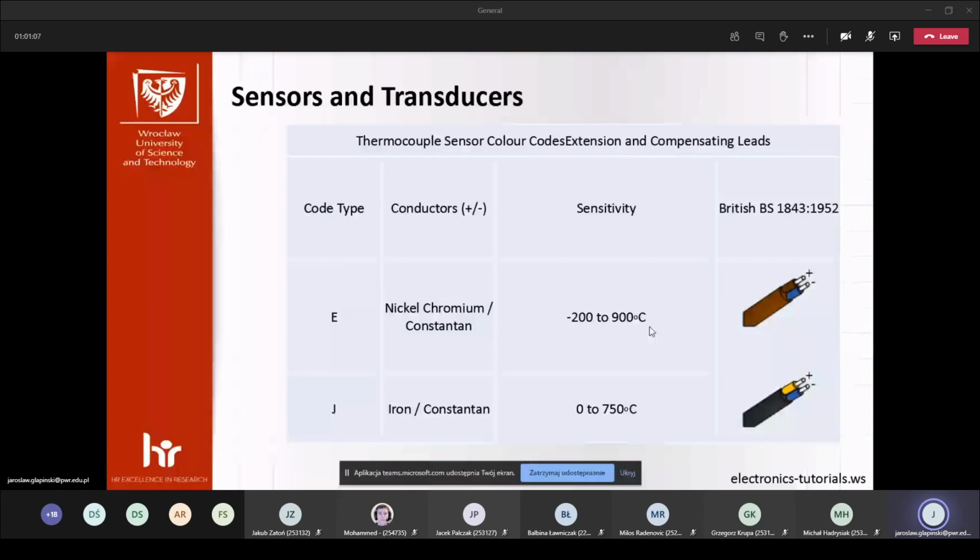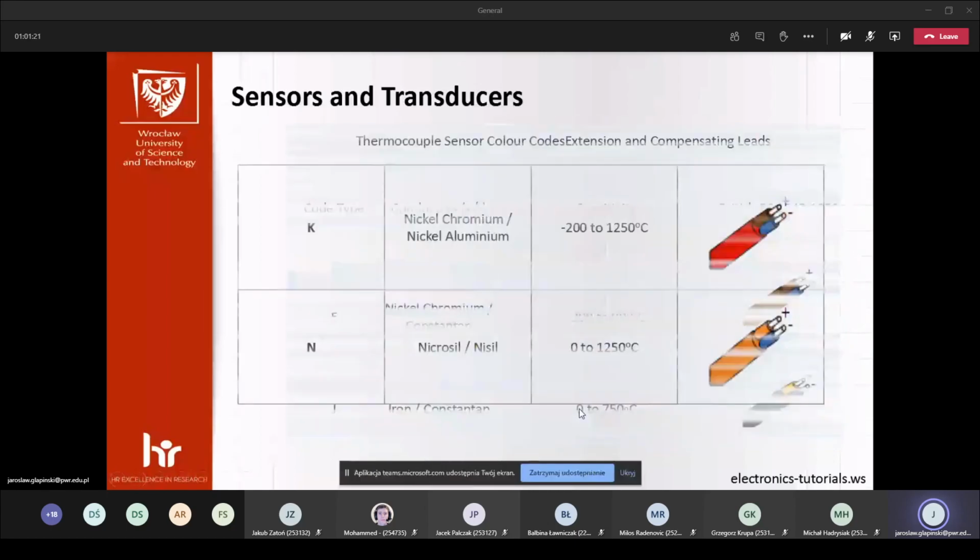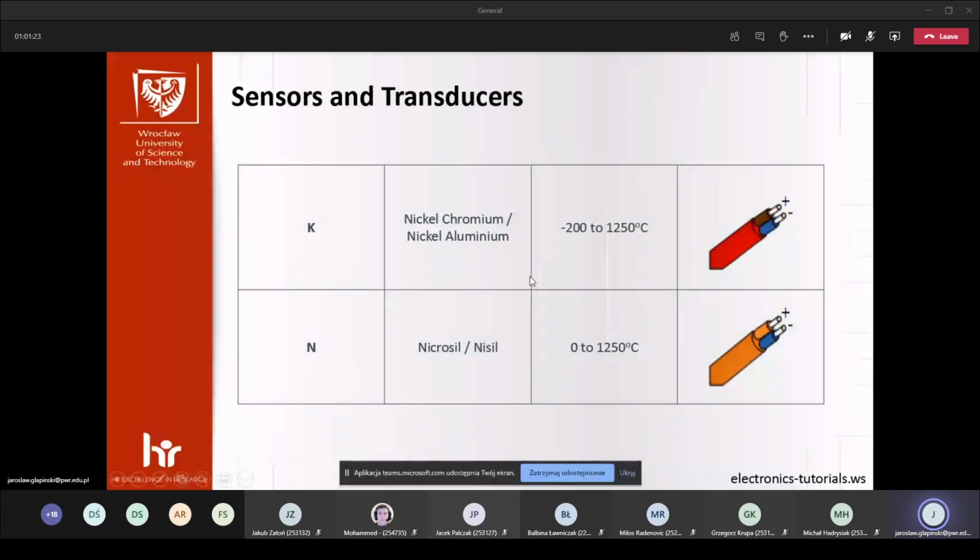So, as you can see, we have, for example, nickel chromium constantan. We've got iron constantan, and we can measure temperature over 0. And, for example, nickel chromium and nickel aluminum. So we can measure higher temperatures, and this is red, and the N type is the yellow.